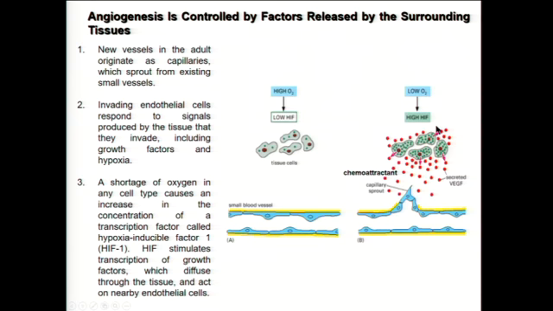When you have starvation of that tissue, of that muscle, whatever it is, a transcription factor called hypoxia-inducible factor 1 is turned on. Among some of the many genes it activates, it makes chemoattractants for endothelial cells, and they will sprout towards that starved area.